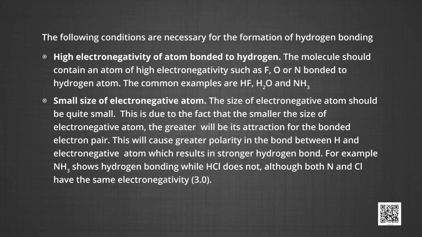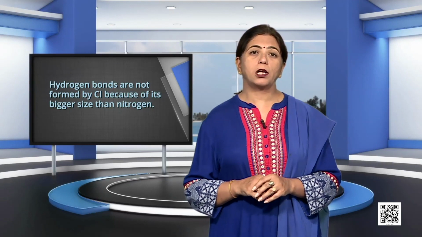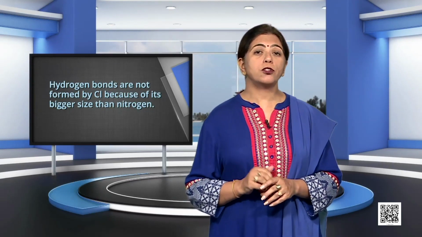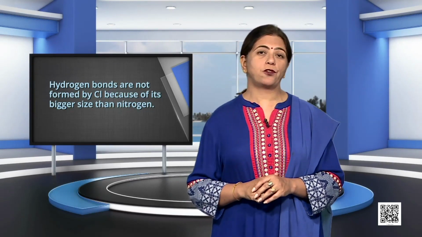This will cause greater polarity in the bond between H and the electronegative atom, which results in a stronger hydrogen bond. For example, ammonia shows hydrogen bonding while hydrogen chloride does not. Although both nitrogen and chlorine have the same electronegativity, 3.0, hydrogen bonds are not formed by Cl because of its bigger size than nitrogen.